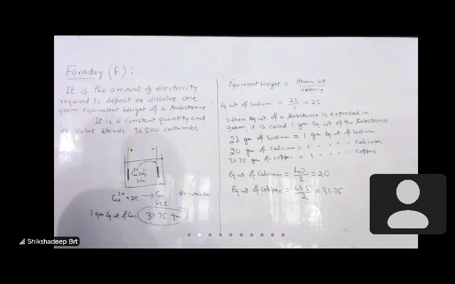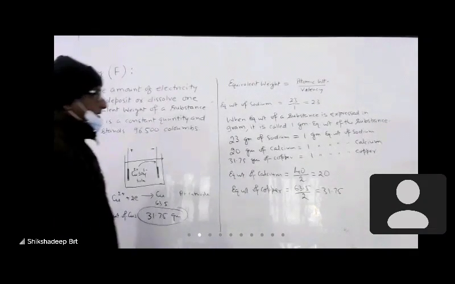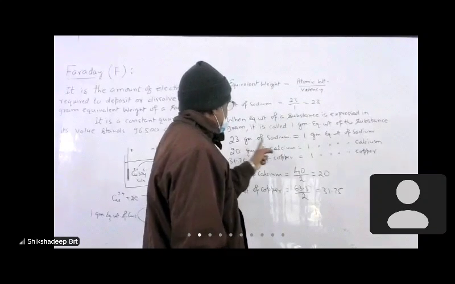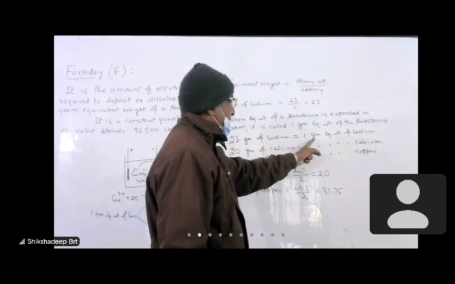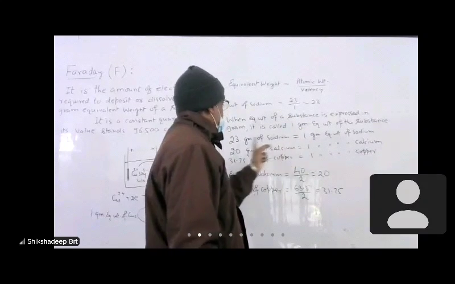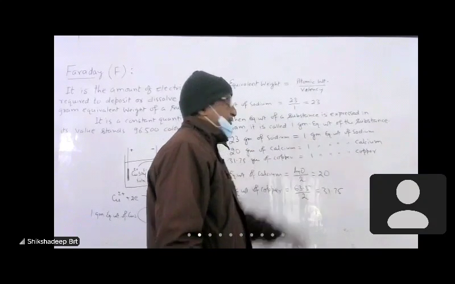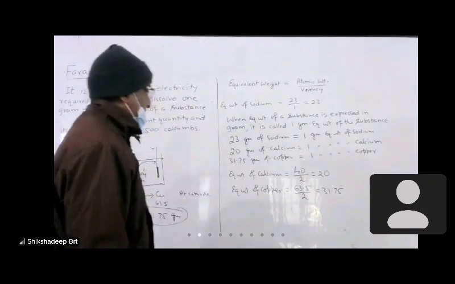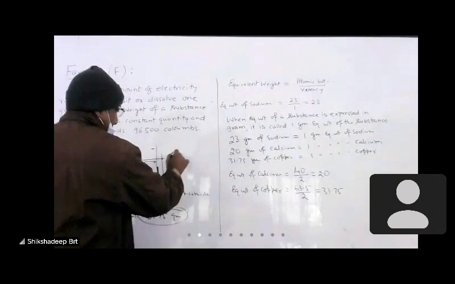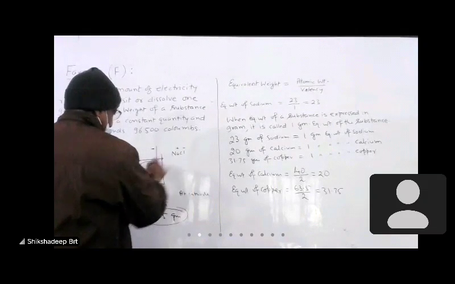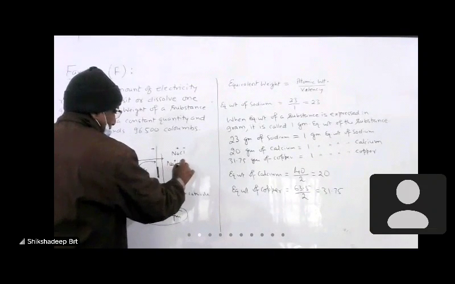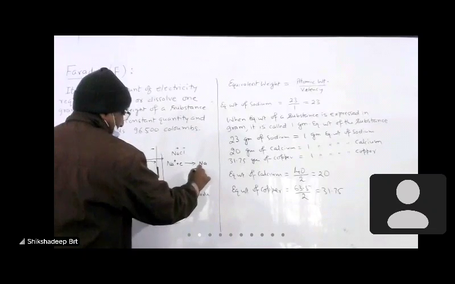Just say, if you want to deposit 23 gram of sodium, what is the equivalent weight? 23. The 23 means 1 gram equivalent weight of sodium. Similarly, if you take sodium chloride, sodium goes to the cathode, 23 gram.